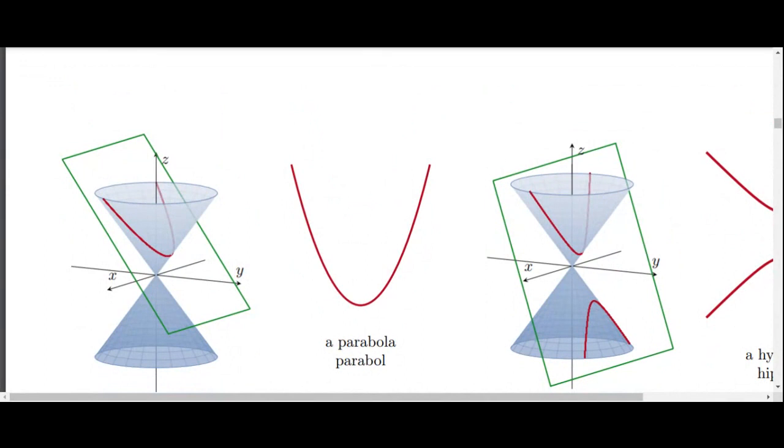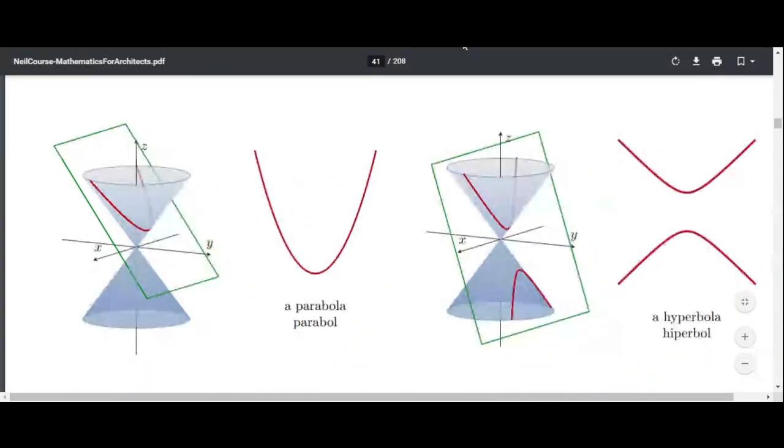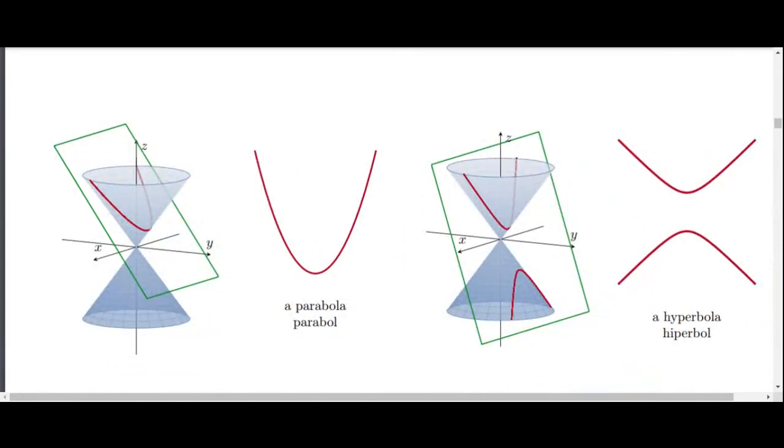Let's suppose we slice our double cone using a plane which has exactly the same slope as the edge of the cone.